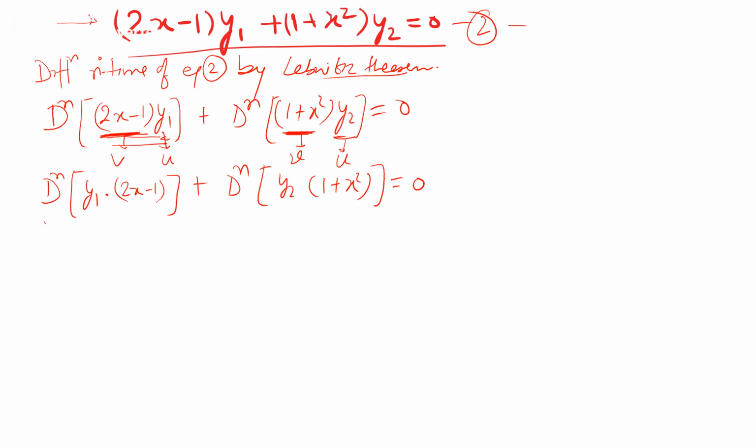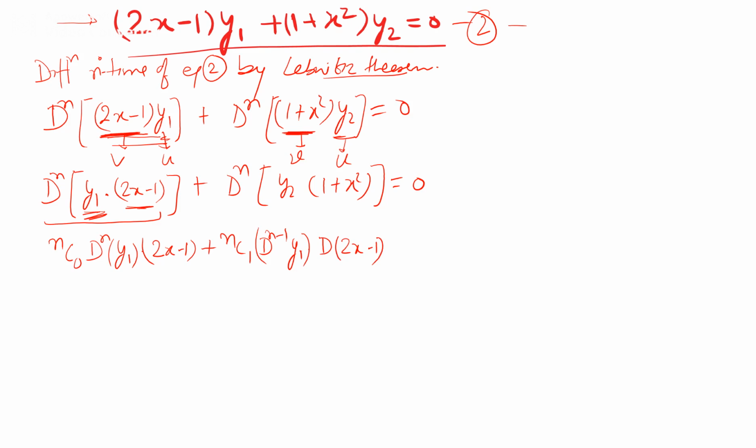Now apply the Leibniz theorem. nC0, the nth derivative of the first function y1, and the second function u is the same, 2x minus 1, plus nC1, the (n minus 1)th derivative of y1 into the first derivative of 2x minus 1.